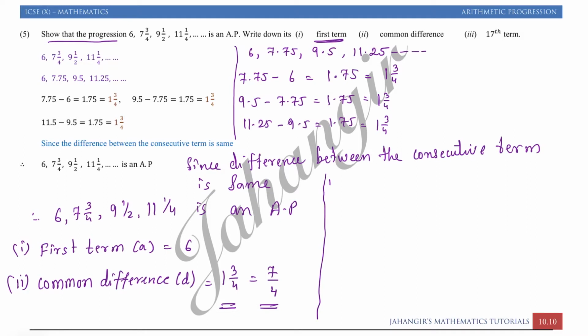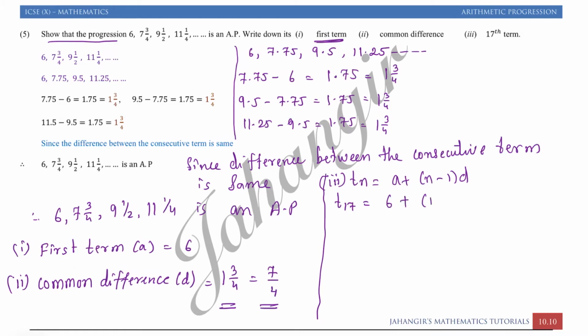To find the 17th term, I will take the Tn formula. Tn is A plus n minus 1 into D. So for the 17th term I will just replace n by 17, where A and D are the first term and common difference that we had already found. So it's just a substitution in the formula.